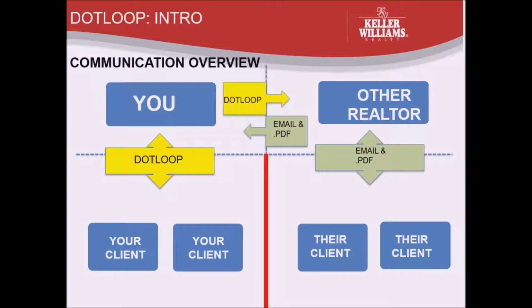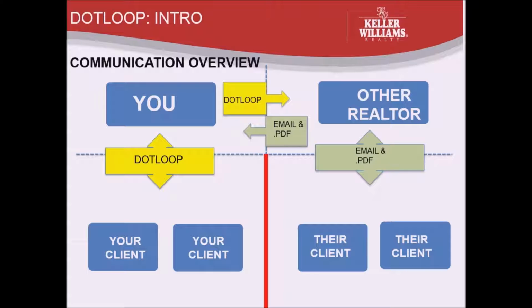What I don't think anybody would want is you communicating directly with the other realtor's clients. So let's say we are the buyers here on the left-hand side. We can use .loop to talk amongst ourselves. We can send it over to the other realtor, but we would never send it directly to the sellers.